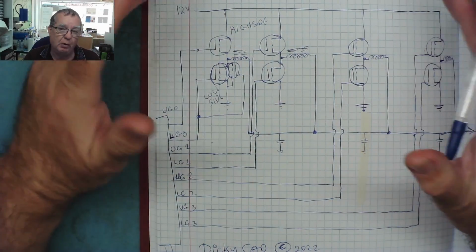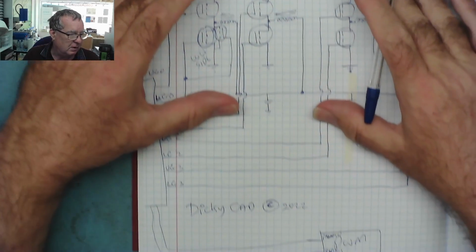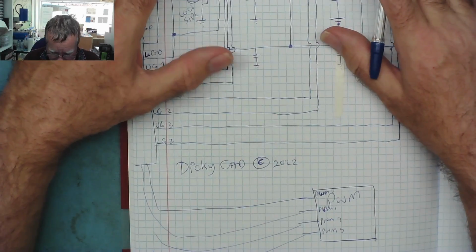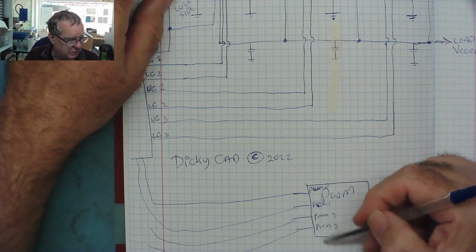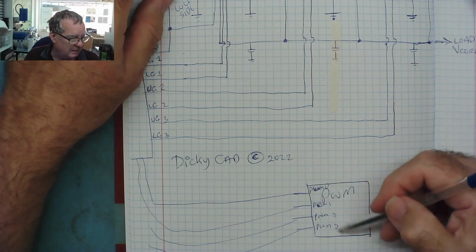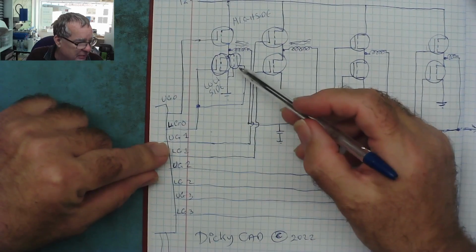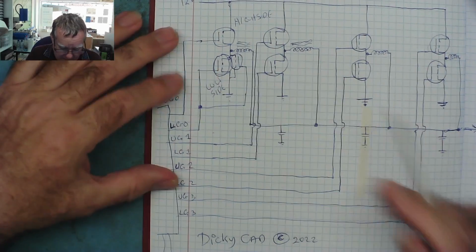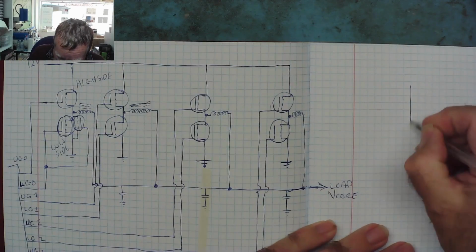To make things more integrated and smaller, everything's getting smaller these days, in more modern graphics cards and motherboards, you tend to find that you have the pulse width modulator with however many phases, and then the drivers are built in with the MOSFETs. So each of these pairs of MOSFETs is replaced by one chip.